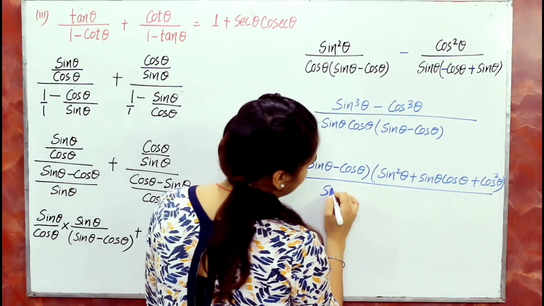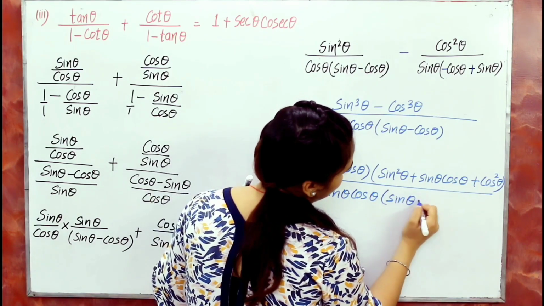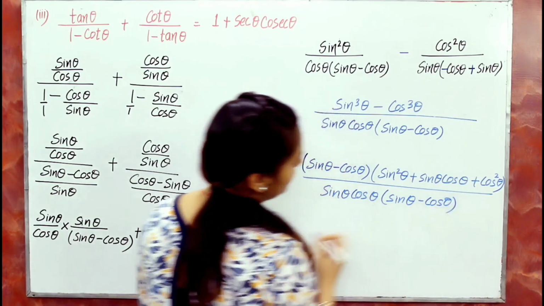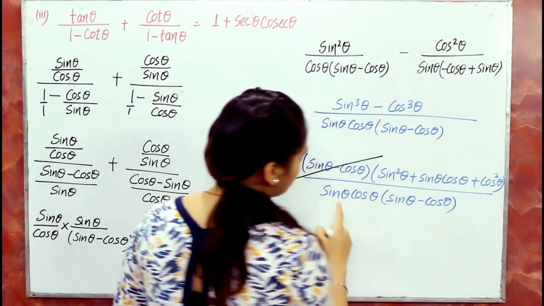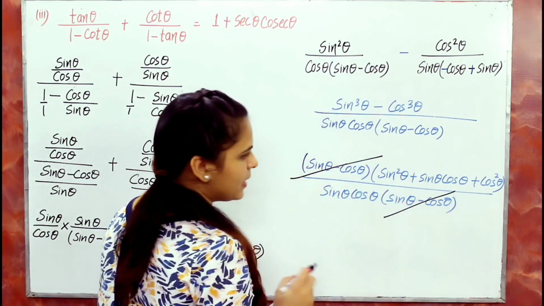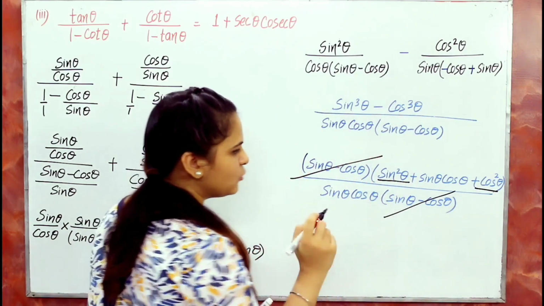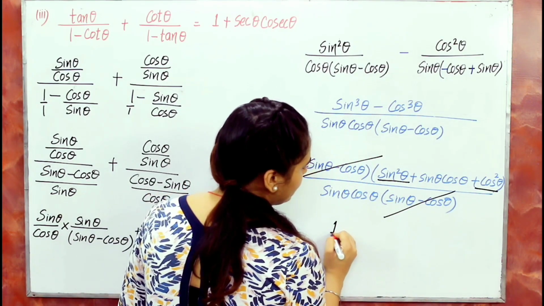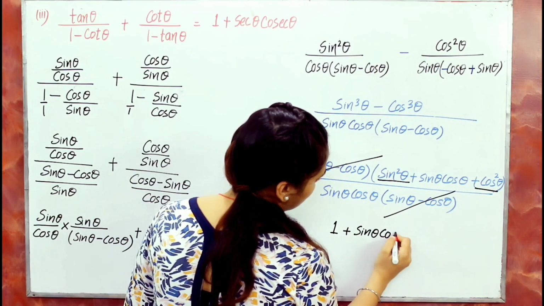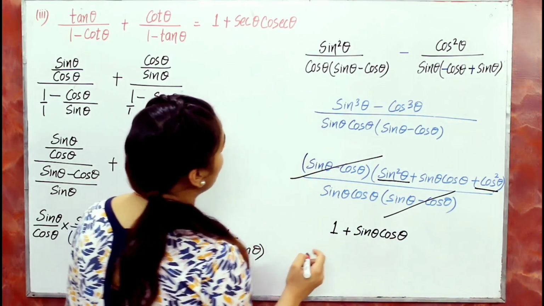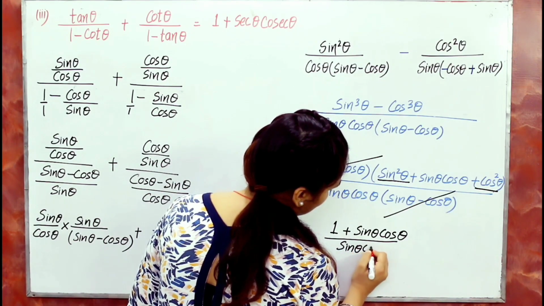The denominator is sin theta cos theta and sin theta minus cos theta. Now you can cancel out sin theta minus cos theta from numerator and denominator, and we can write sin square theta plus cos square theta as 1. So in the numerator you will get 1 plus sin theta cos theta, and in the denominator we have sin theta cos theta.